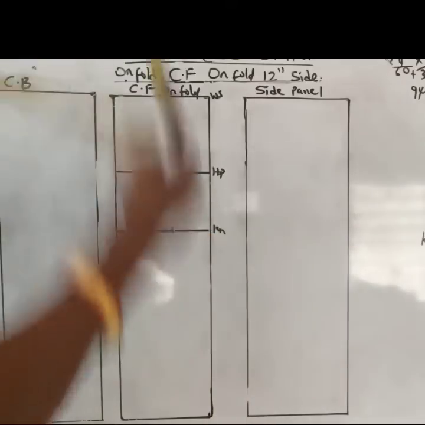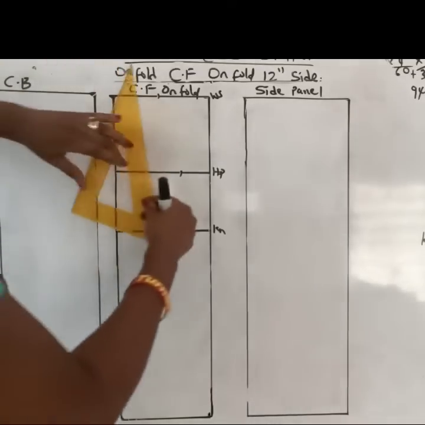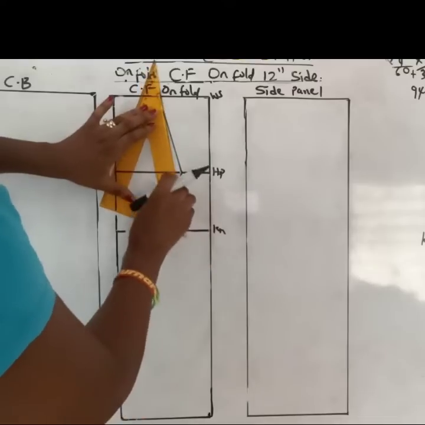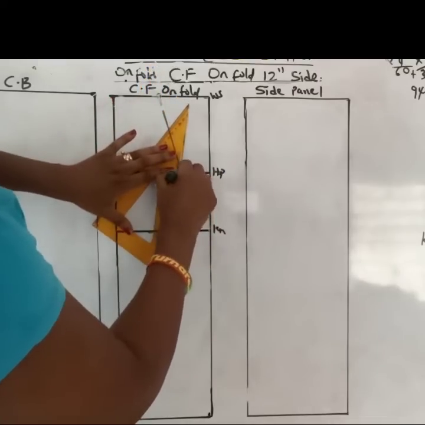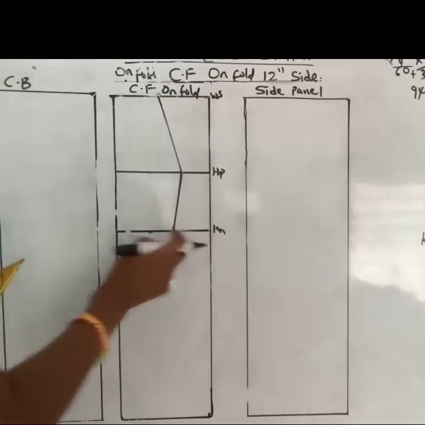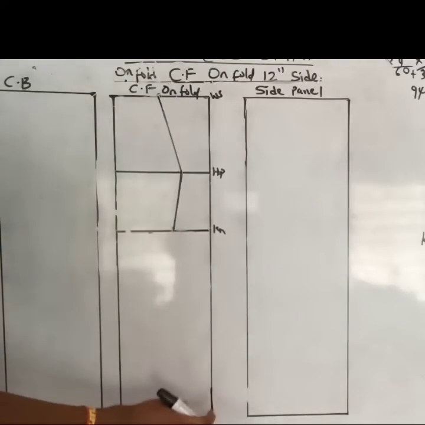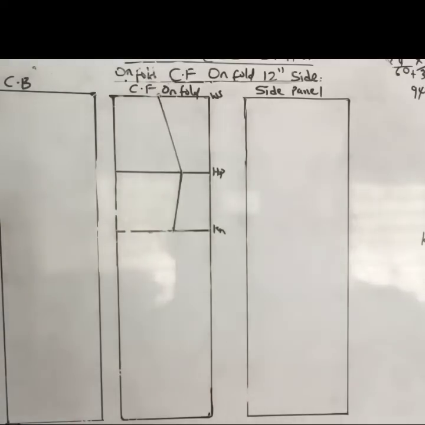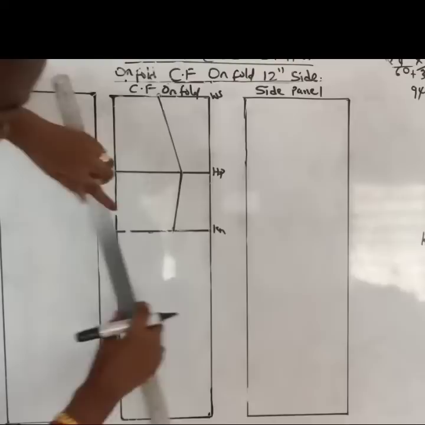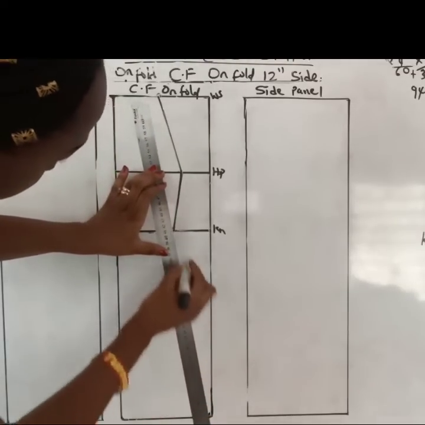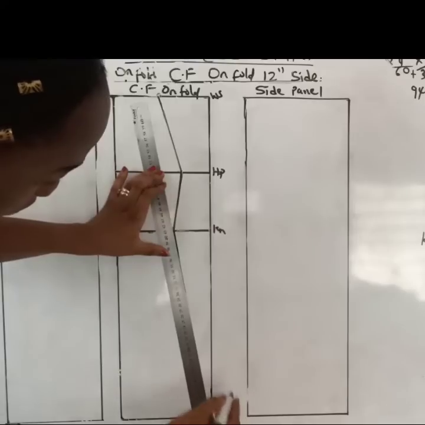And then use a ruler to connect that, from the waist to the hip to the knee. And then from the knee, you connect straight to the edge of the fabric or the pattern, like this.